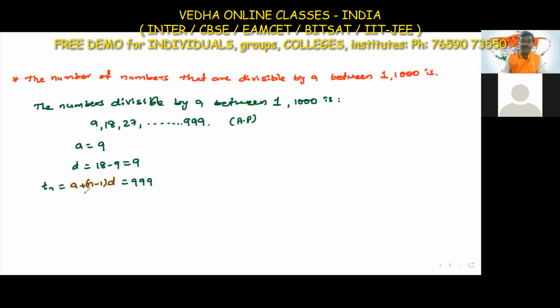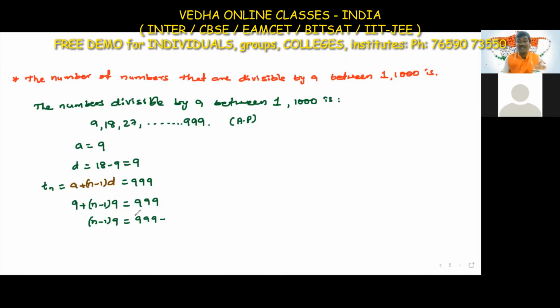Substituting the values, we know A is 9, n is unknown, and D is also 9, equal to 999. So (n minus 1) into 9 is equal to 999.